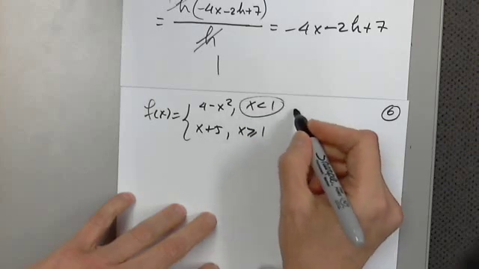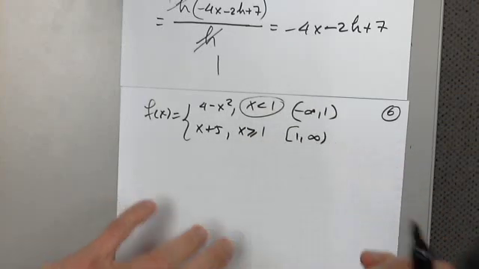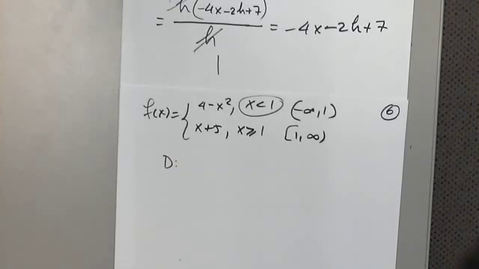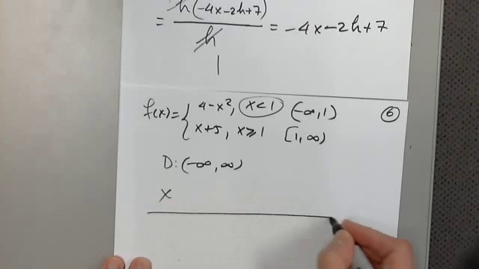Well, this is clearly negative infinity to 1, and this is 1 with a bracket to infinity. Now from here we can identify the domain, I think. All the numbers indeed. So then I can start my table.